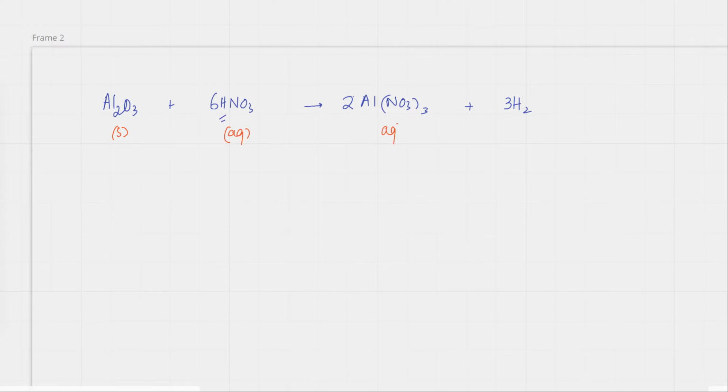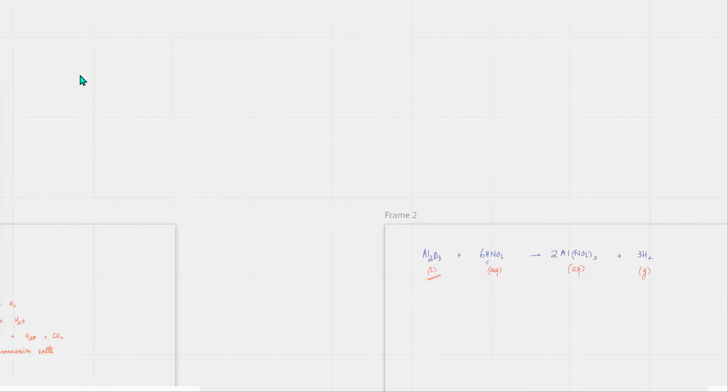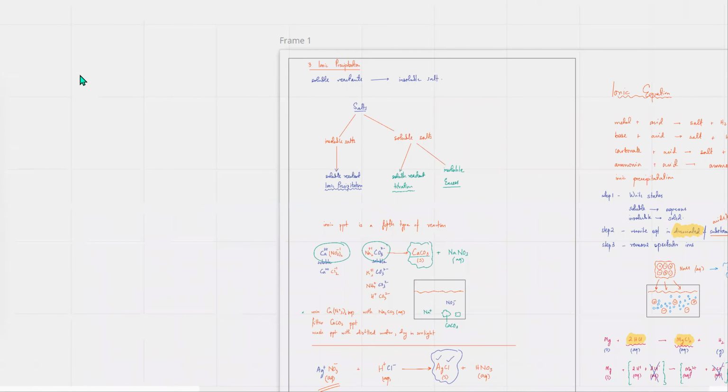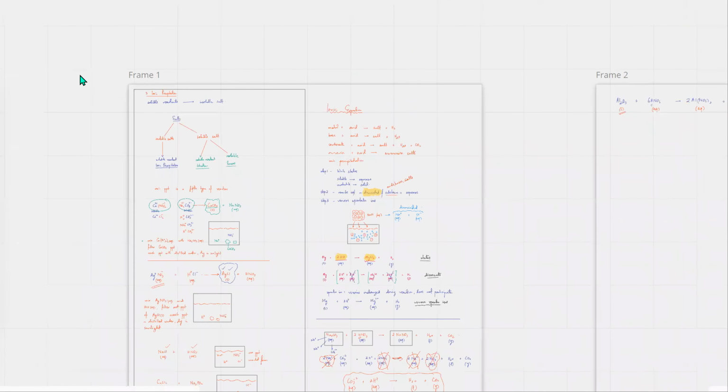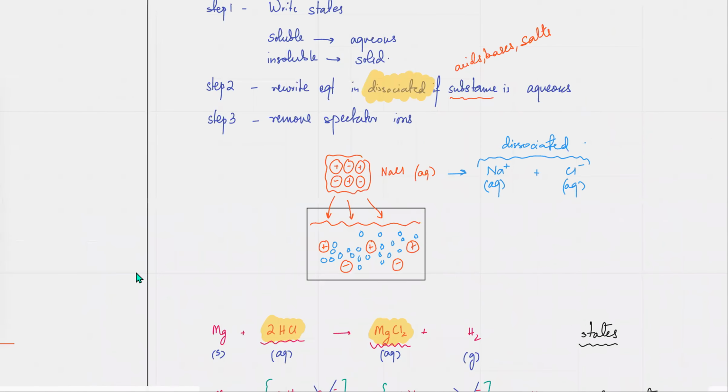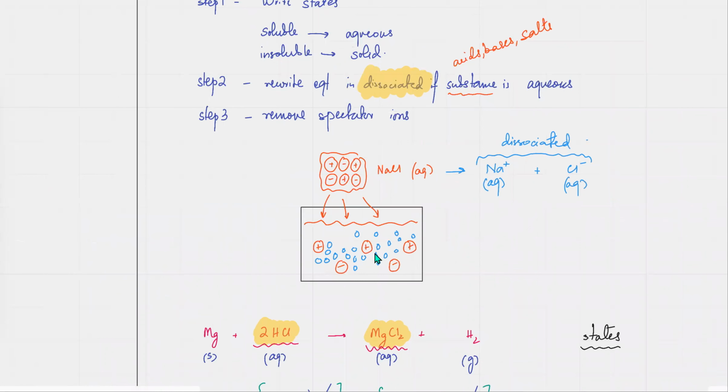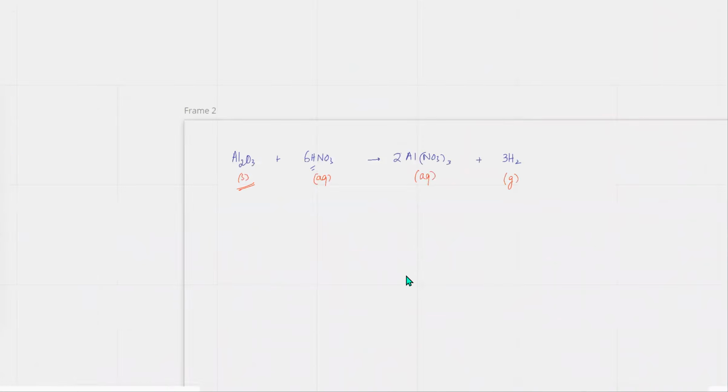NO3 जिसमें भी आएगा, NO3 is always aqueous and H2O is a liquid. जो भी चीज सॉलिड होगी ना, उसके आयंस जुड़े हुए रहेंगे, ठीक है? मतलब if something is solid, उसका मतलब है कि it's not dissolving. If something is solid, the ions are not breaking apart and they are not dissociating. तो अगर एल्यूमिनियम ऑक्साइड सॉलिड है, उसका मतलब है सारे आयंस intact हैं, it's not dissolving, ठीक है? So whenever something is solid, you don't dissociate it.